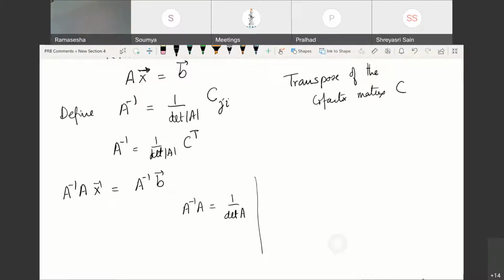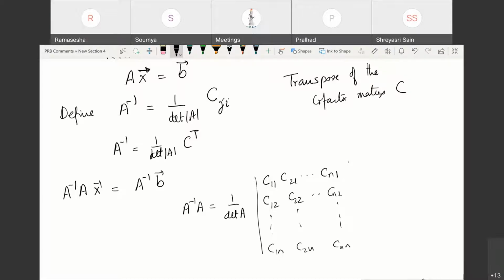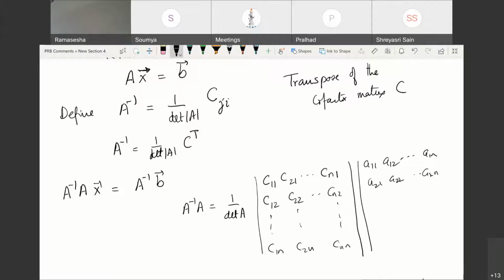One upon determinant A into the matrix C11, C21 to Cn1, C12, C22 to Cn2, and so on to C1n, C2n to Cnn, times the matrix A11, A12 to A1n, A21, A22 to A2n, and AN1, AN2 to ANN.